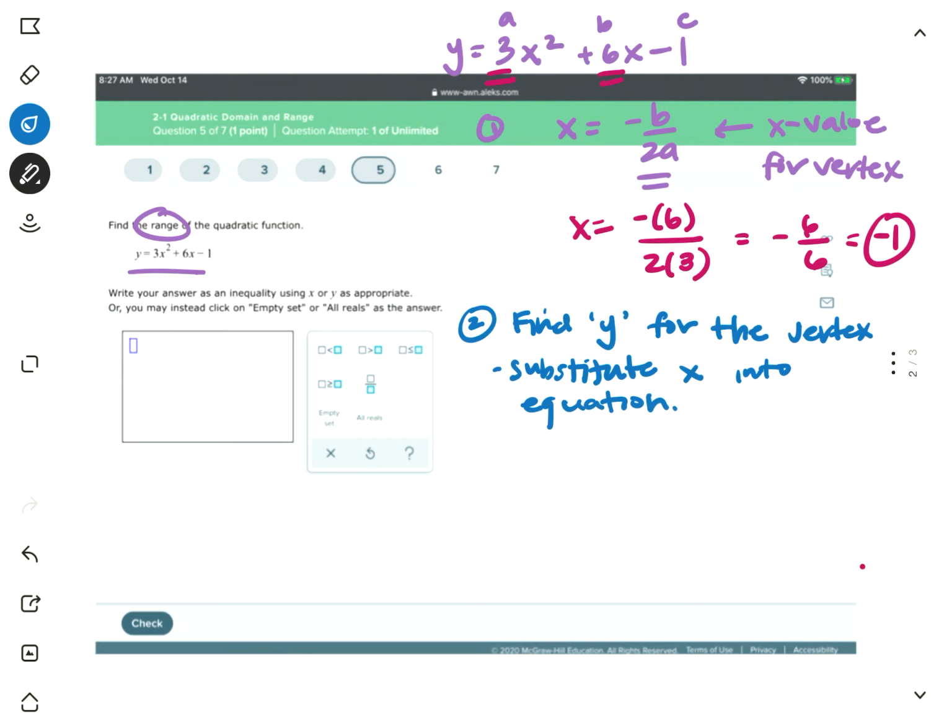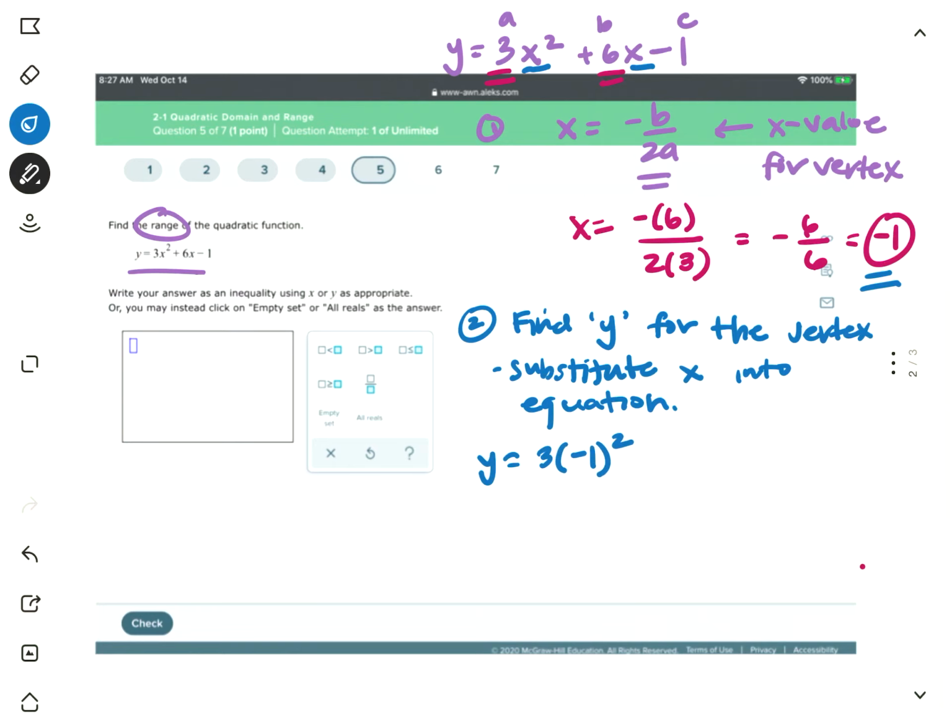All right, so our x is negative 1. We're going to plug negative 1 into all of our x's in our equation. So y equals 3. It's a good idea to put parentheses whenever we substitute.